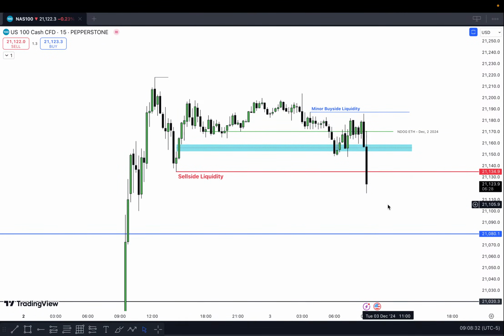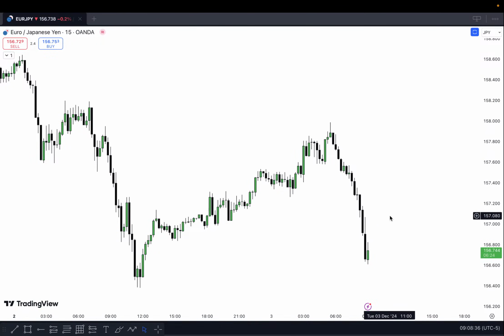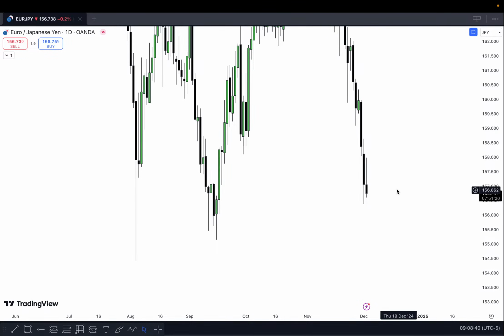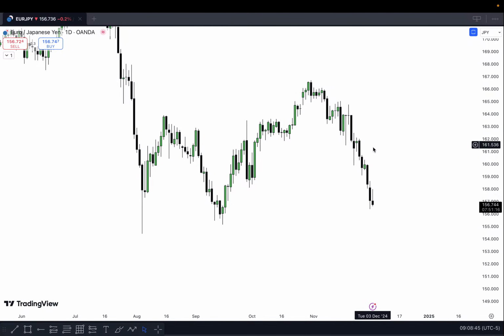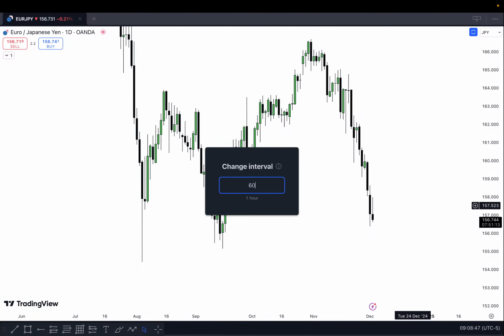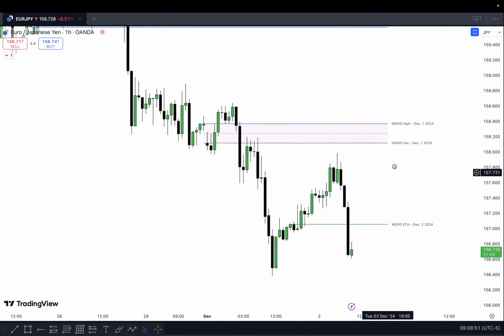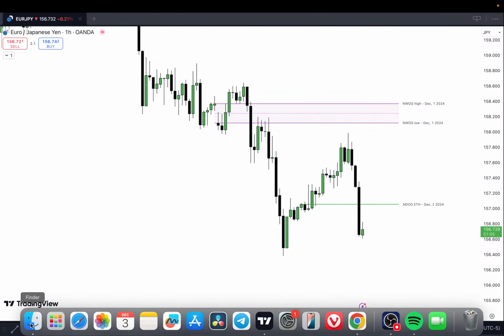Euro JPY. Okay, I don't usually watch this chart, but let's see what is happening here. There is some nice trend going on here, man. I hope you would have shorted it. Yes, it can definitely reach for the previous day high.